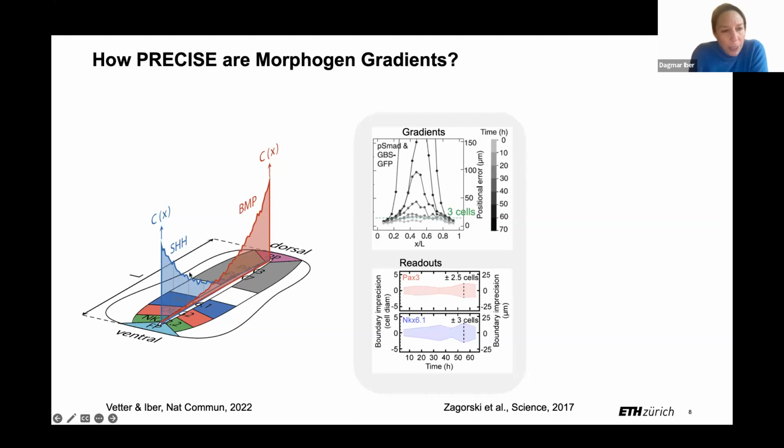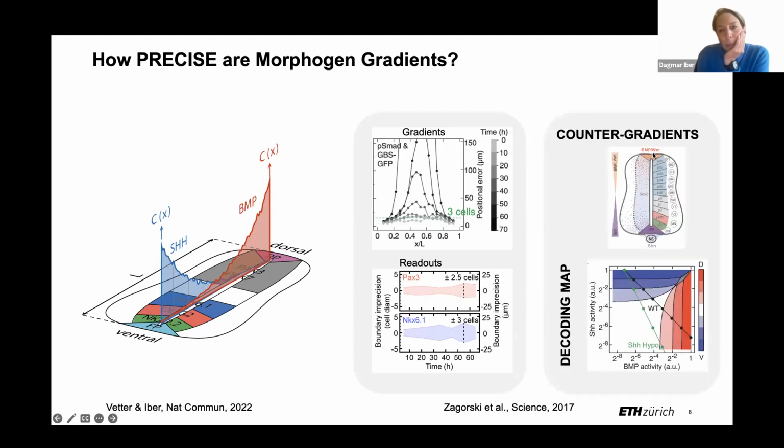But when they quantified the morphogen gradients that should encode that position, they found that in that part of the domain where you have this high readout precision, you have a very low gradient precision. And you can see the error up here, it exceeds 30 cell diameters. And so then the question was, how could you get precise readouts nonetheless?